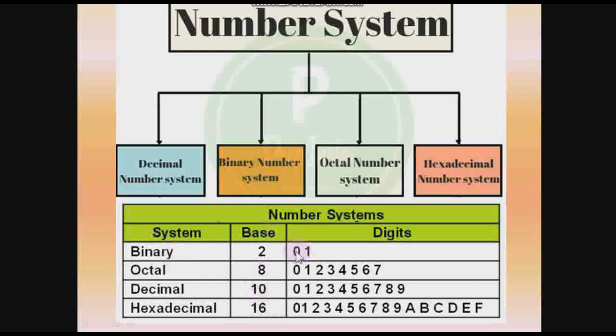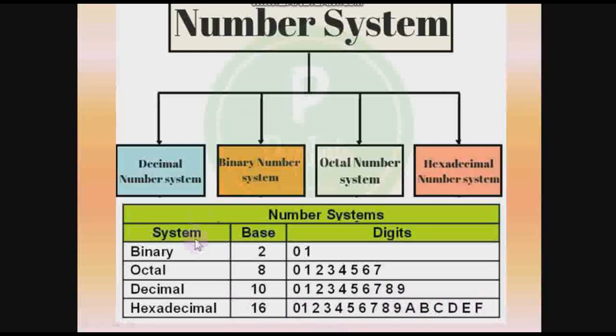In binary there are only two digits we use to represent all the numbers, 0 and 1. In octal we use 0 to 7, in decimal we use 0 to 9, and in hexa we use 0 to 9 and A, B, C, D, E, F. It means here we use numerals and some characters to represent numbers.